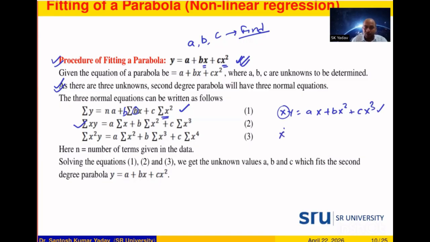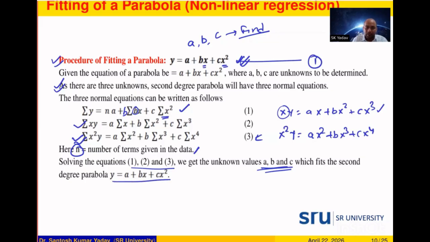So I have x square y equal to a times x square plus b times x cube plus c times x power 4. Now taking summation, I get the third equation. It's a simple process and n is the number of data points given. So solving equations 1, 2, 3, I will get A, B and C, and then I can substitute these A, B, C values here and I will get the best fitted parabola.